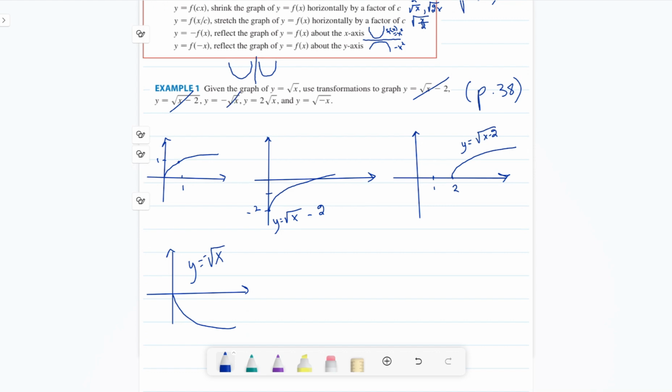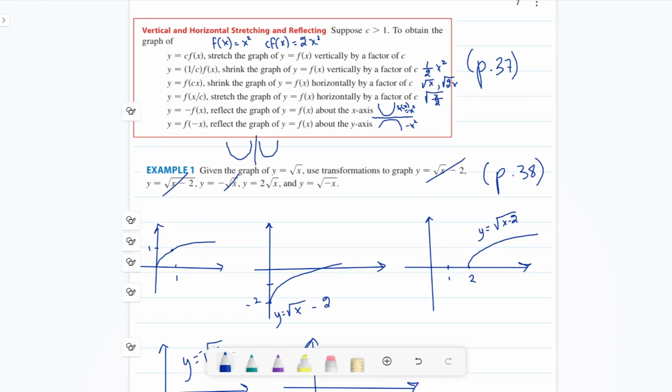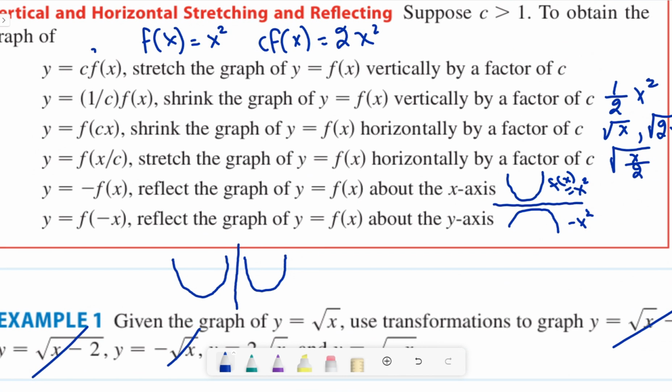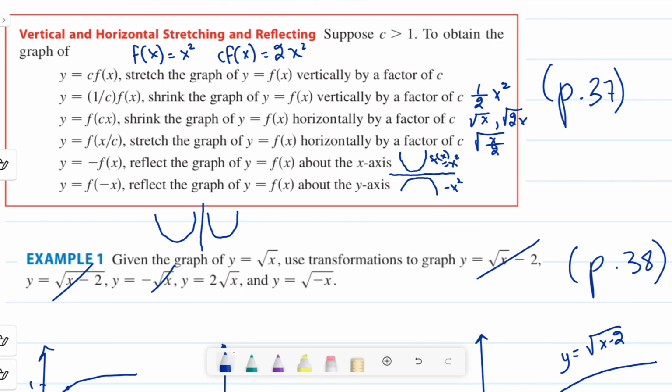Let's look at y equals 2 square root of x. So we are multiplying f of x by a factor of c. So we stretch the graph of y equals f of x vertically by a factor of c.